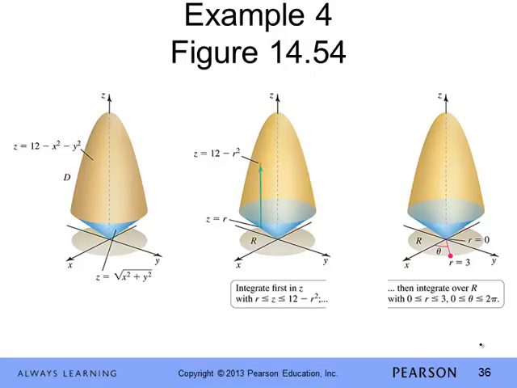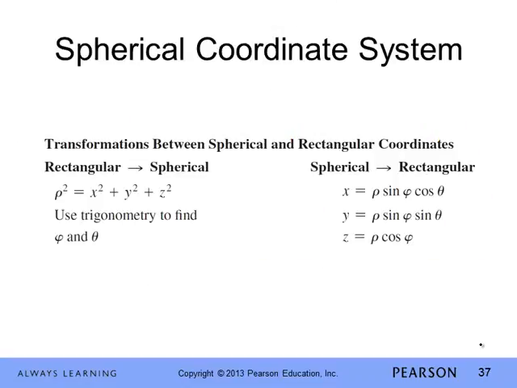All right, now let's move on to our next coordinate system. Let's just take a step back real quick. With the rectangular coordinate system, we can locate any point in space using 3 linear measurements: so many units in the x direction, so many units in the y direction, so many units in the z direction.